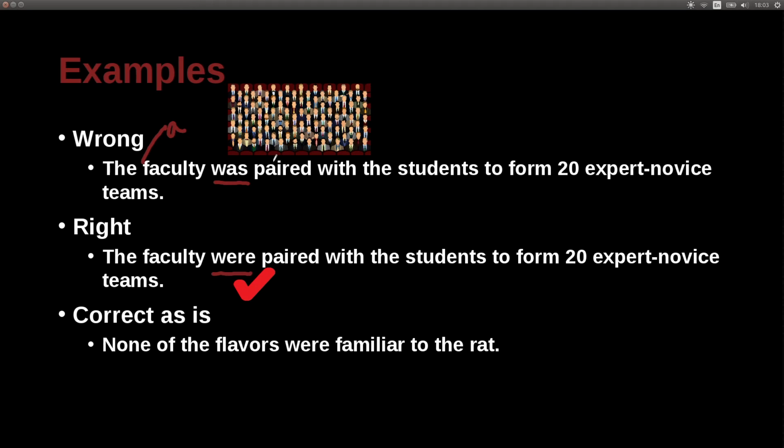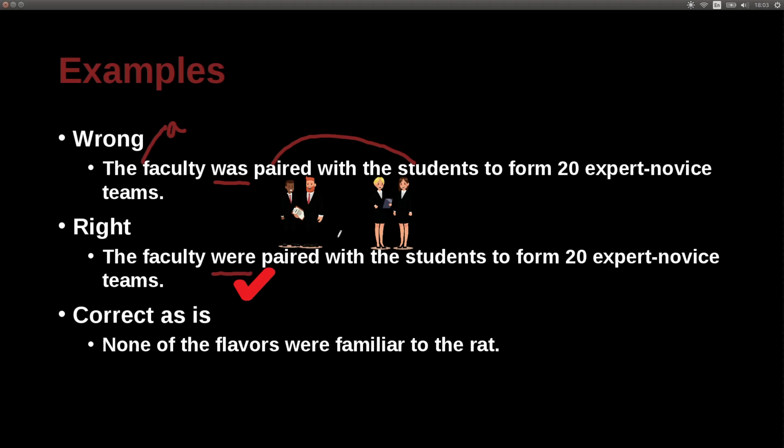Because we took them out and we paired them with students. So one by one, they were matched up with students. And that one by one means they're no longer a group, they're individuals. So we need to use they were paired. None of the flavors were familiar to the rat. And here were, because none, each, one by one, were not familiar.